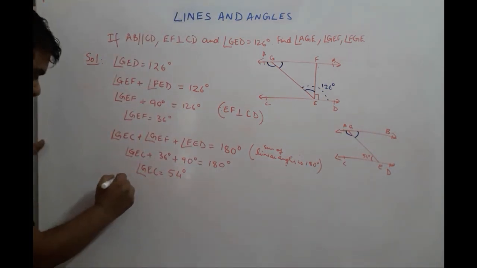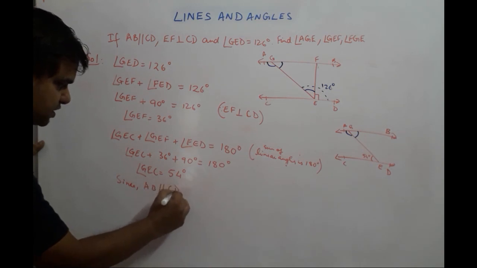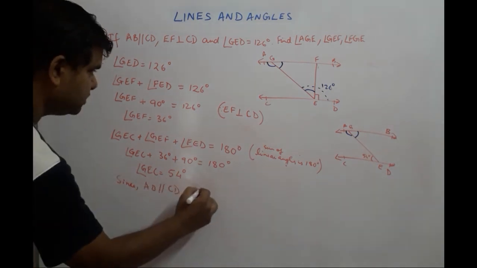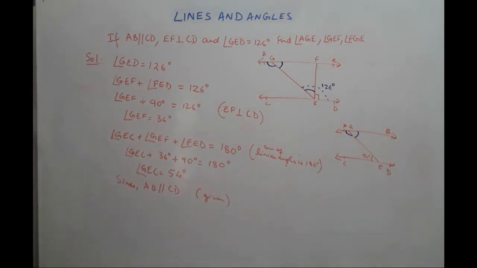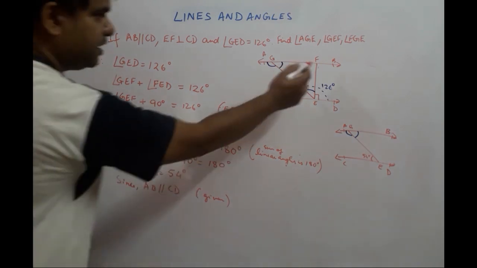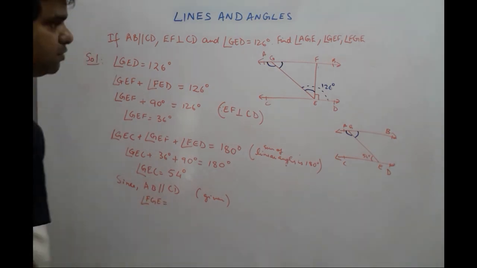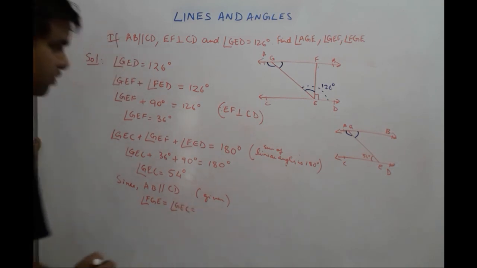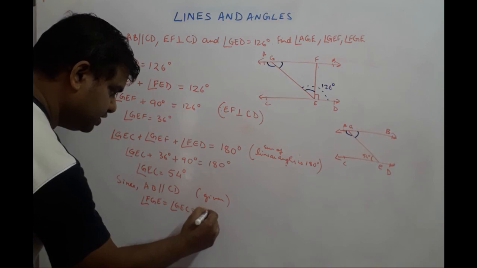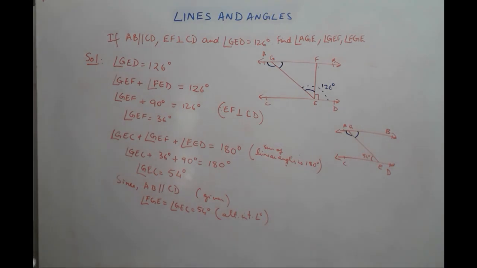So we will say, since AB is parallel to CD, which is given to us, we can say that angle FGE is equal to angle GEC, which is equal to 54 degrees. How? Alternate interior angles.